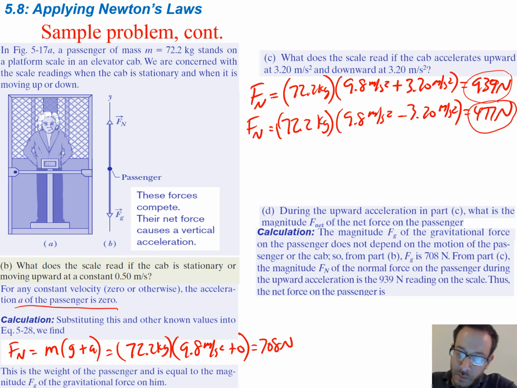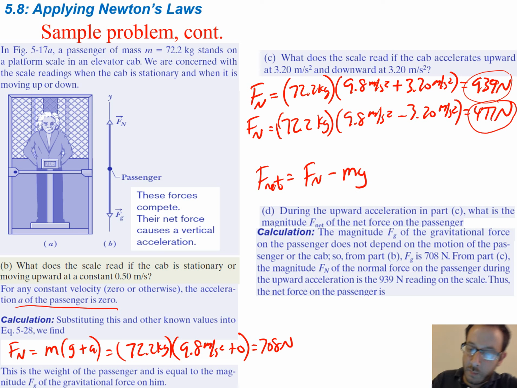Okay, so during the upward acceleration in part C, what is the magnitude F net of the net forces on the passenger? Well, the net force is just going to be the normal force minus his weight, which is mg, right?